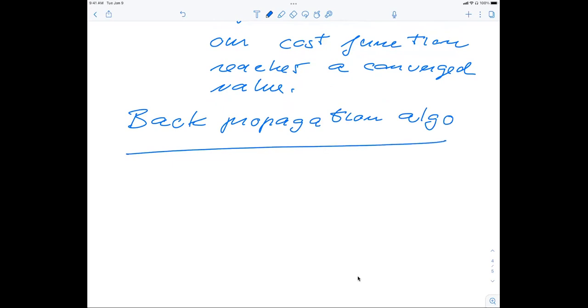Just to remind you, we have this definition of the input to a specific node in a given hidden layer L. So we have the sum over all the contributions from the previous layer. So we have these weights, a weight here, w_ij of L. And then we have a_i of L minus 1.